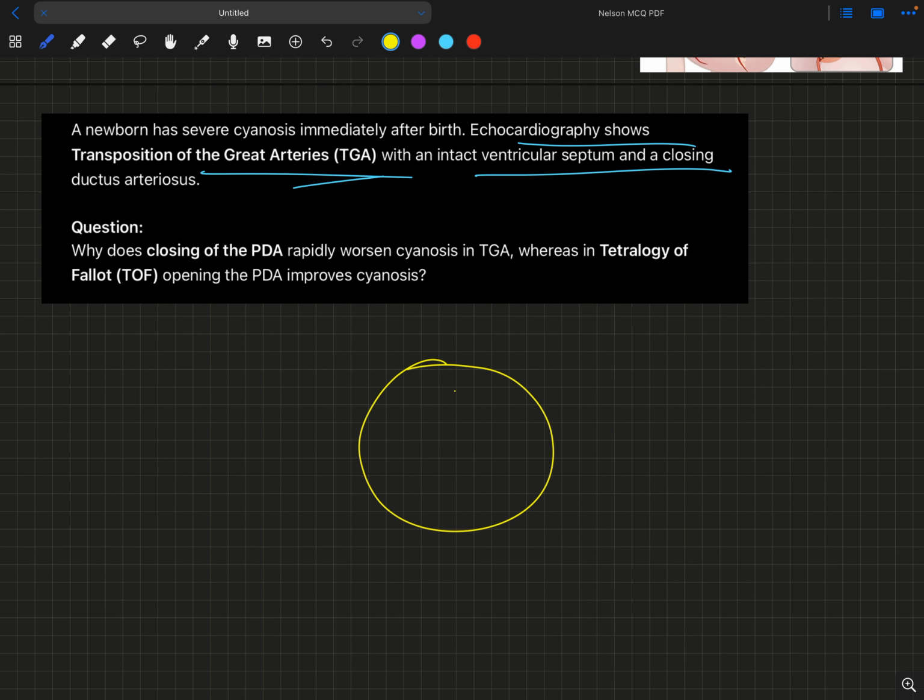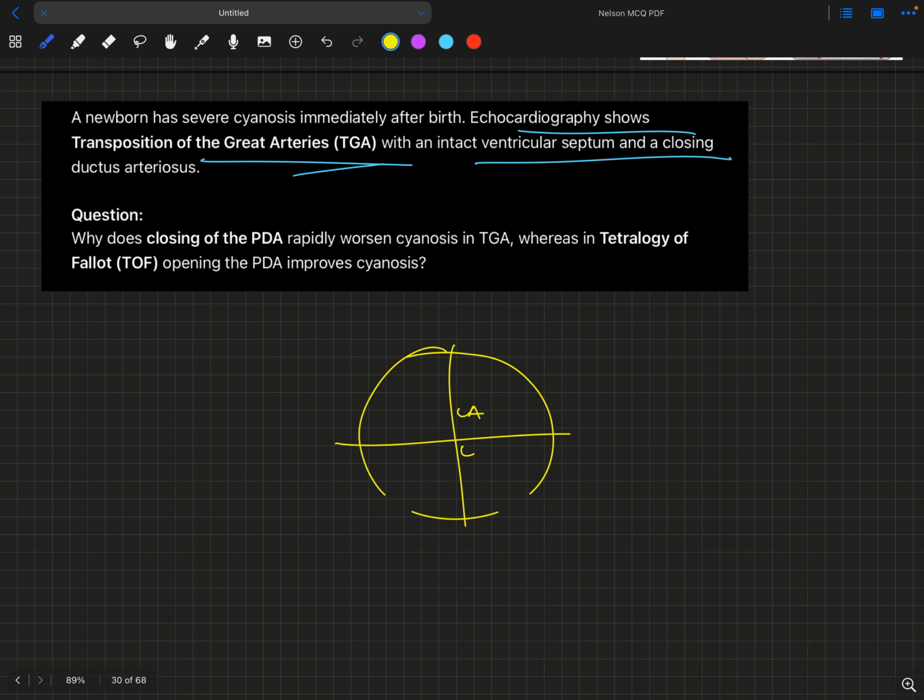Suppose this is the heart. In case of transposition of great arteries, this is left atrium, left ventricle, right atrium, right ventricle. From the left ventricle arises the pulmonary artery, and from the right ventricle arises the aorta.